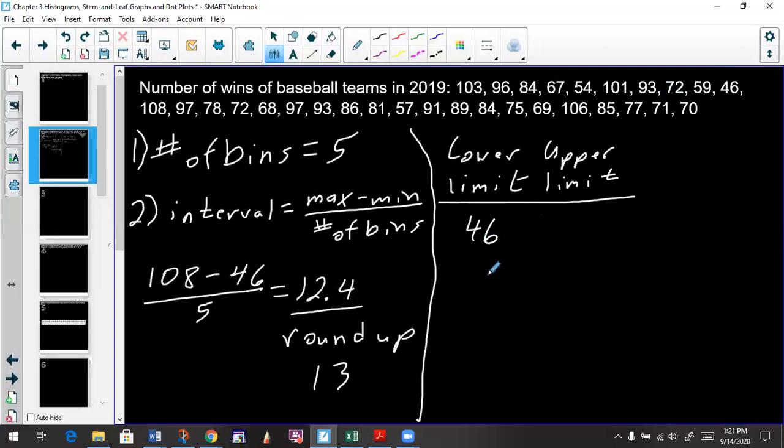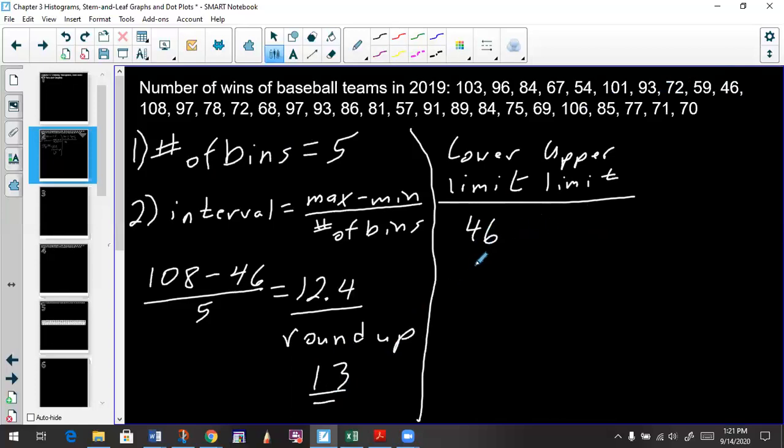Now what you want to do is take this interval and add it to 46. The mistake students make is they add 46 plus 13 and want to put that number here. But that number, 46 plus 13, is going to go here.